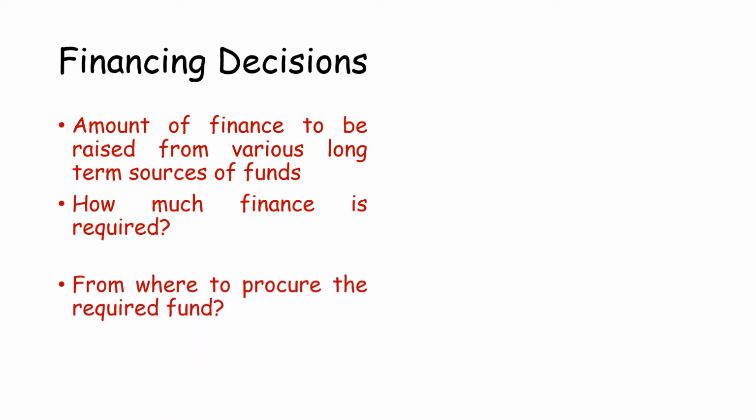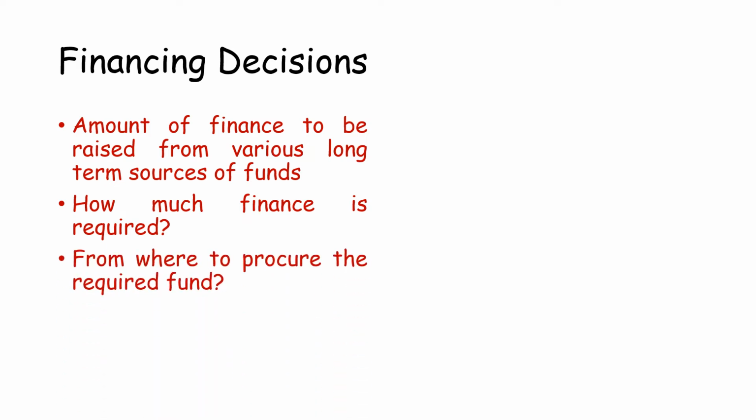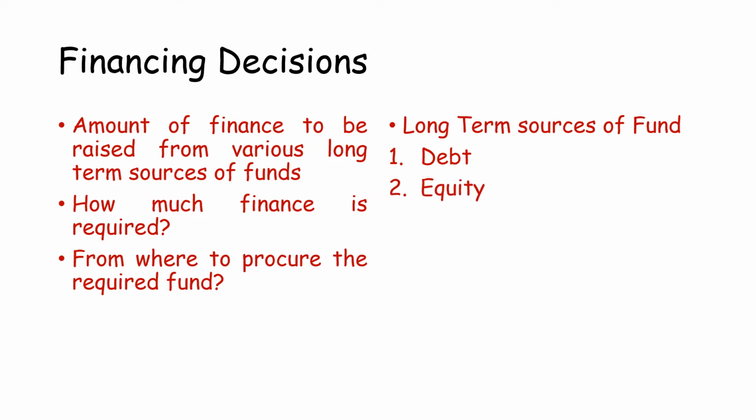The next question that comes in the mind of a finance manager is from which sources can the funds be procured? The major long-term sources through which the finance manager can raise are through debt, that is through the issue of debentures or bonds, through the issue of equity shares, or through the issue of preference shares.